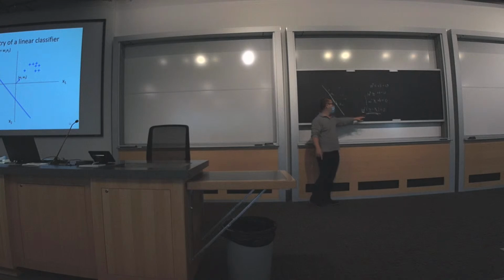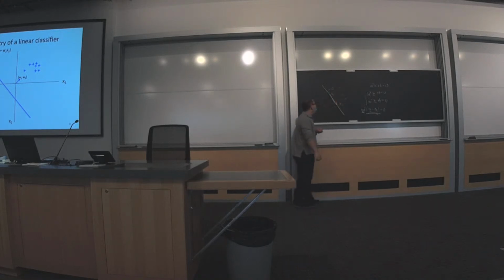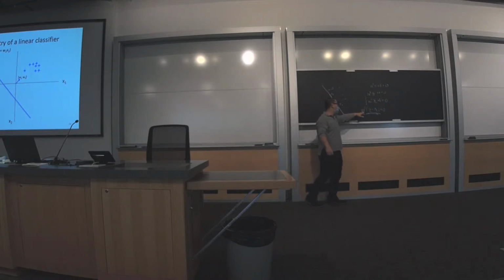So this is W. This is W. Because for arbitrary 2 points on this classification hyperplane, W transpose their difference, meaning the vector on this boundary, their inner product is simply 0. So we know that W is orthogonal to the whole boundary.